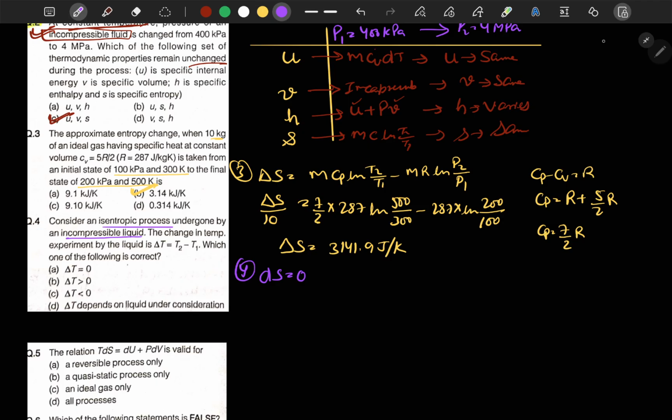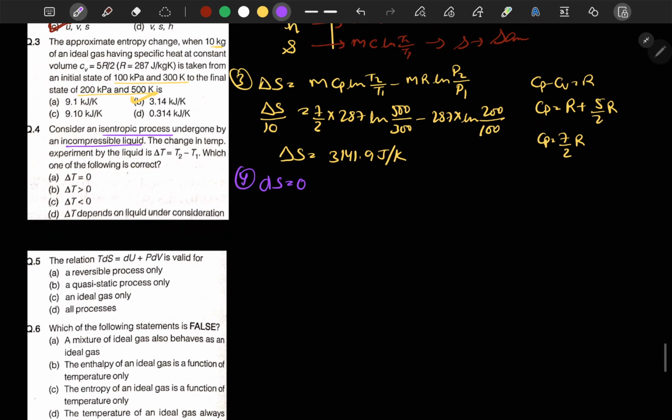For an incompressible liquid, delta S is written as mc ln T2 by T1 equal to 0. From here we get T1 equal to T2. So our delta T value will be 0, that is, T2 minus T1 is equal to 0.